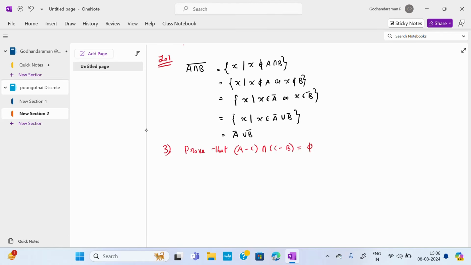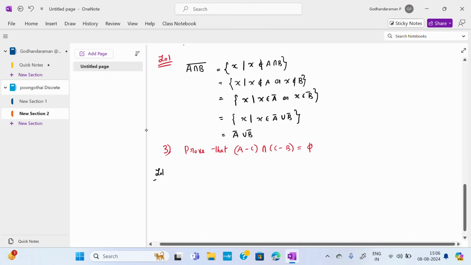So now when we prove it, it is (A minus C) intersection (C minus B). First I will take the full question.